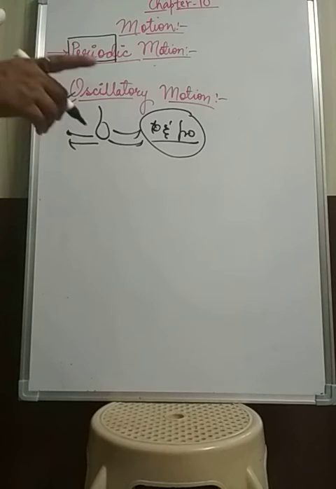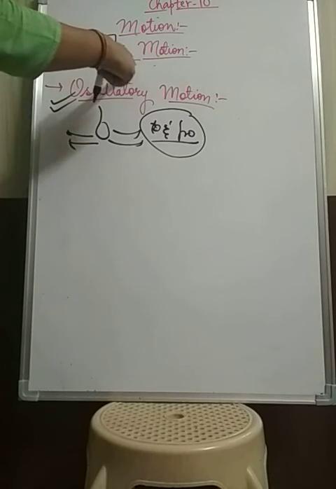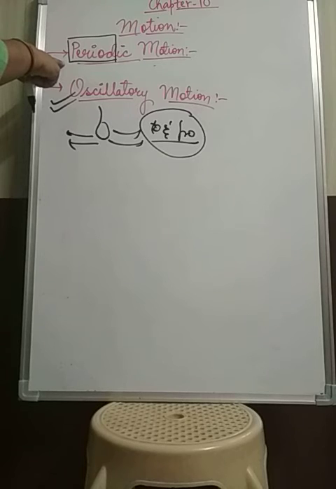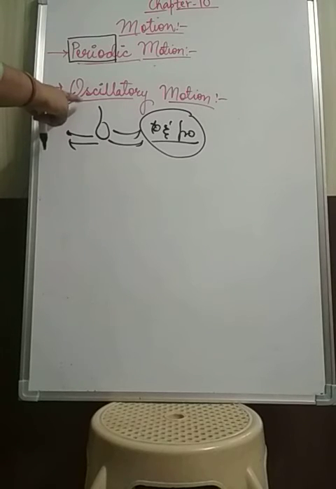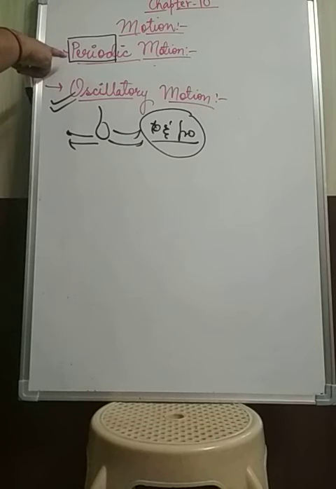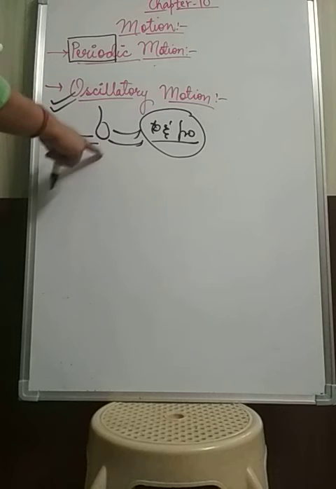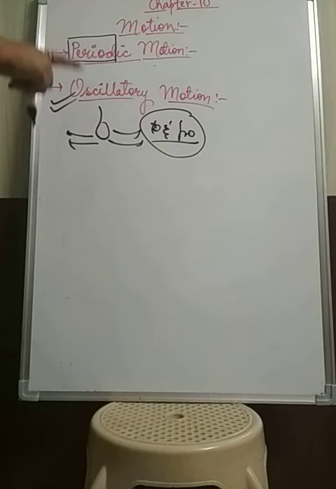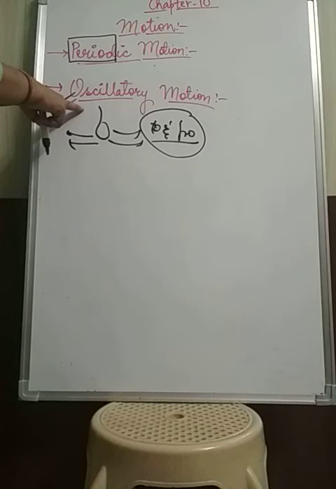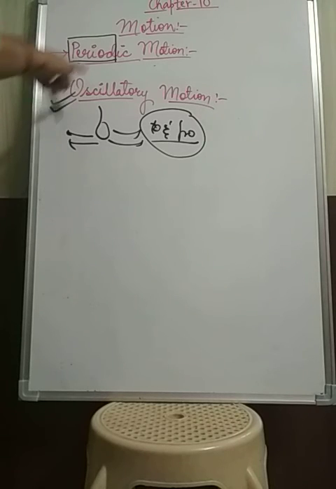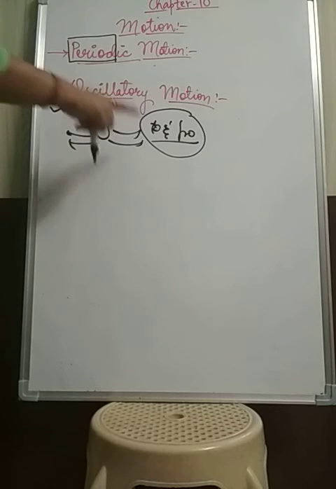So remember, students, every oscillatory motion will be a periodic motion, okay? All the types of oscillatory motions you will learn will come under the category of periodic motion, because in oscillatory motion the body comes again to its original position after a fixed interval of time. But every periodic motion will not be an oscillatory motion. Why? Because periodic motion, as I already told you, is of two types: circular motion as well as to and fro motion.